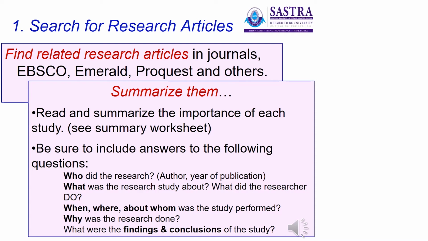So how do you summarize the entire article? I'll be giving you some tips on what you should look for in a research article. First one is, who did the research? I was asking you to record information about the author, year of publication, page number, article title, and the journal name.